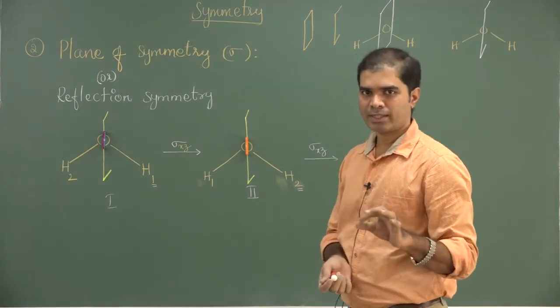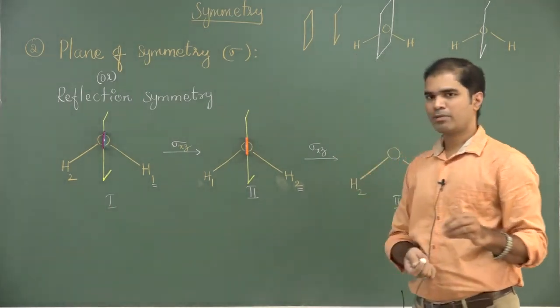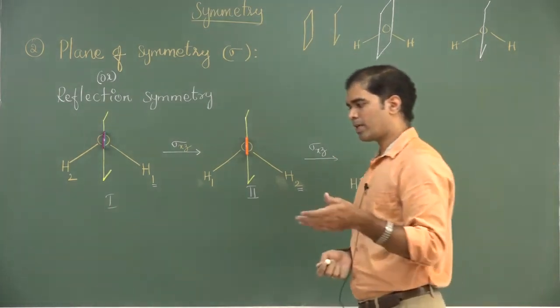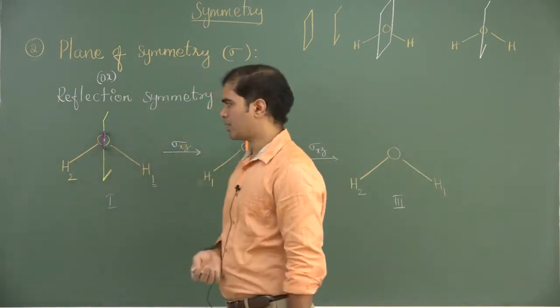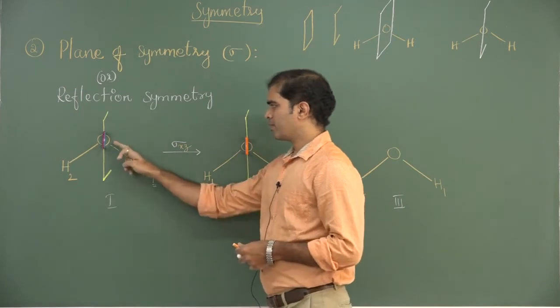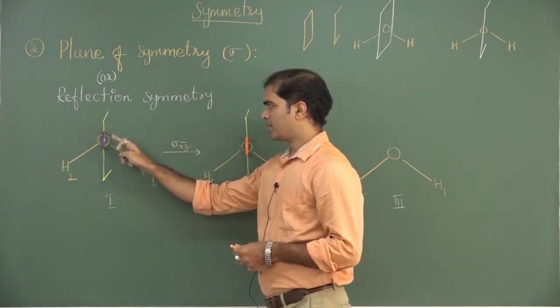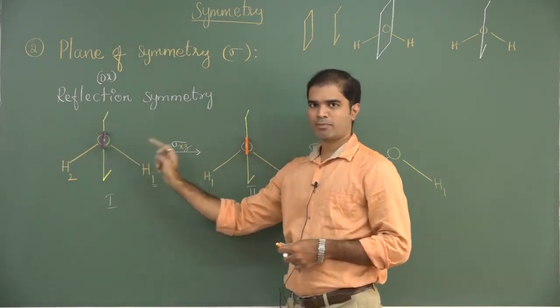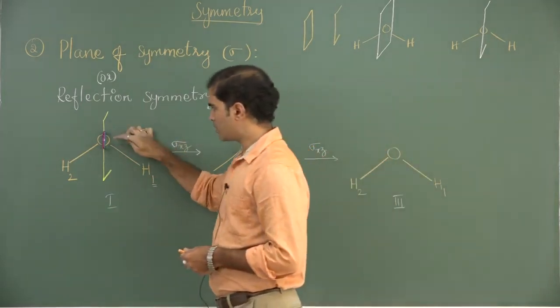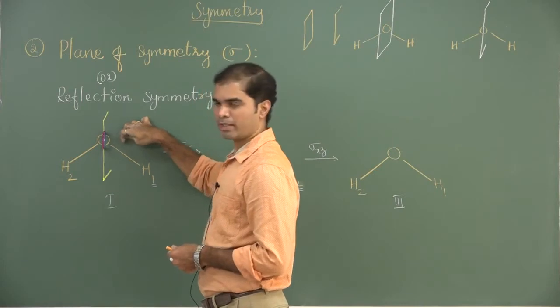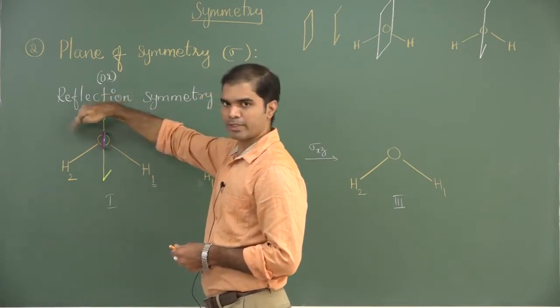And whenever I ask such questions, my sincere request is, you just pause the video, you try to answer the question, and then you check for the answer, which I am going to tell now. Once I am passing a plane which is passing from the center of gravity of that molecule, which is in the center of oxygen, within the oxygen also there is one half towards your right, the other half towards your left.